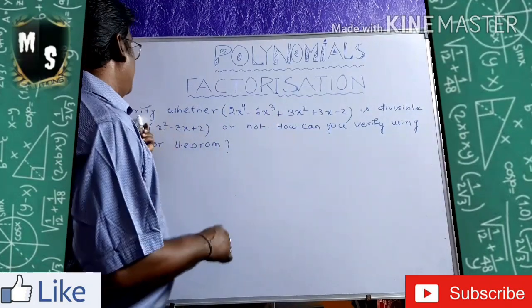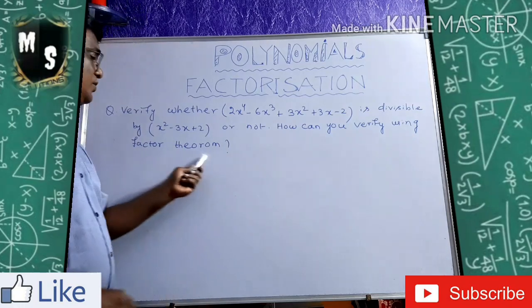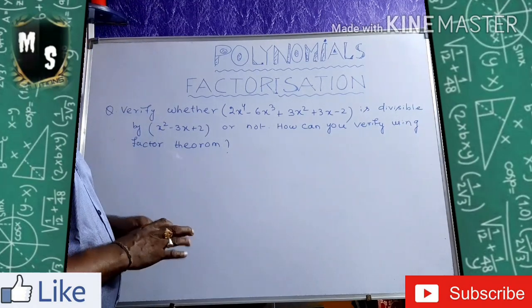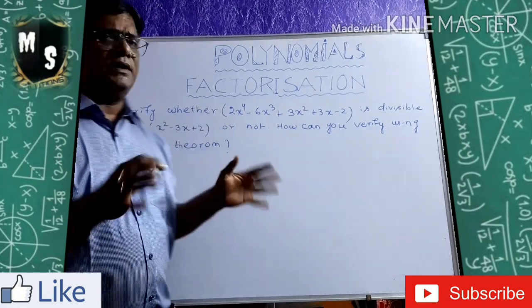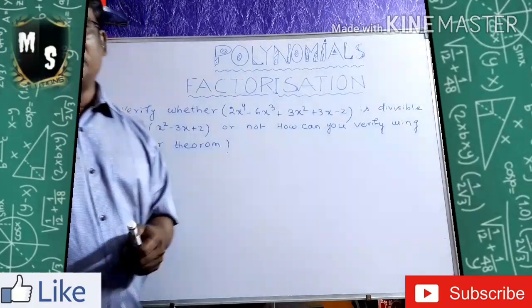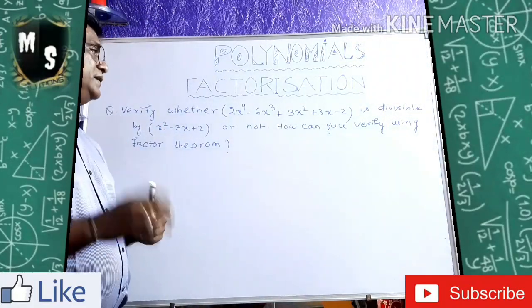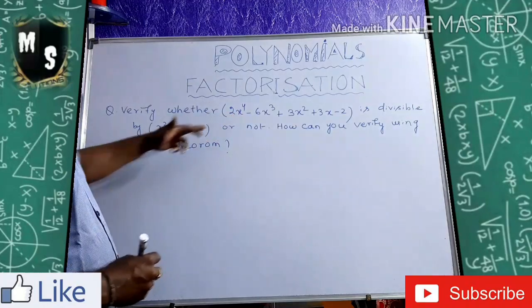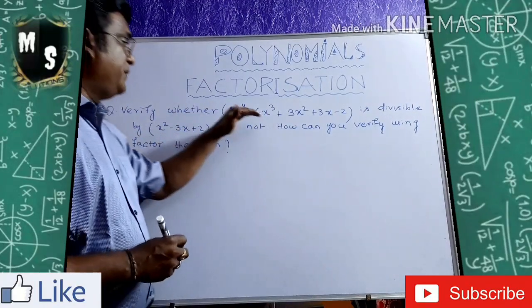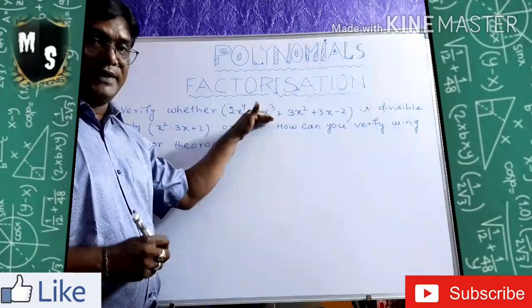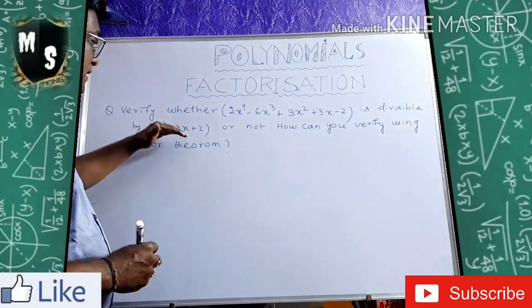The question looks a little bit difficult and lengthy, but don't worry, the question is very easy. Who is going to be divisible by what? This px, let it be px, is going to be divisible by gx.